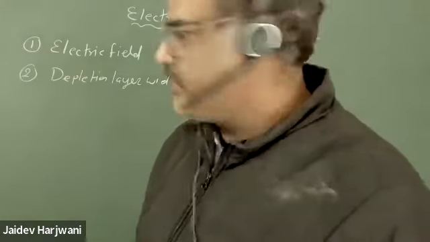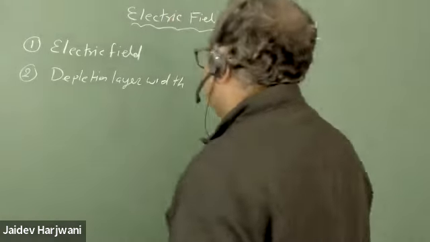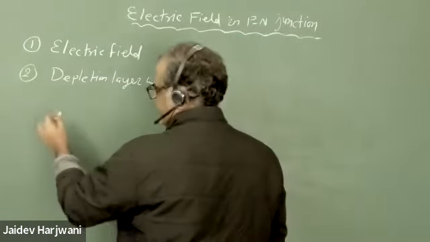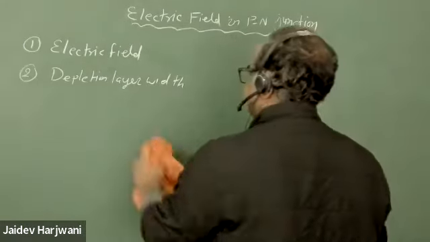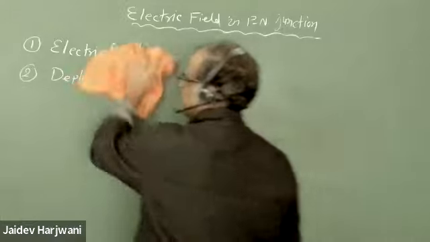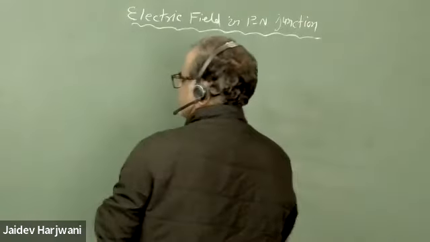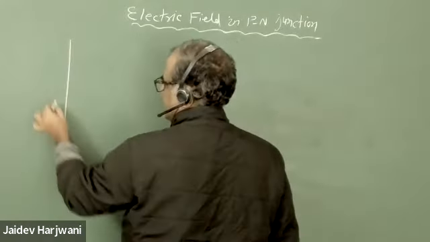So in order to calculate the electric field, I already told you that we have a charge profile in a PN junction. Yesterday we have seen that we have a charge profile.